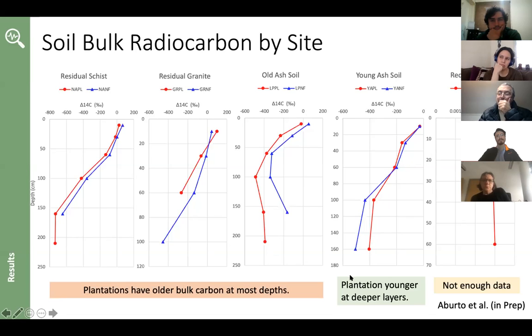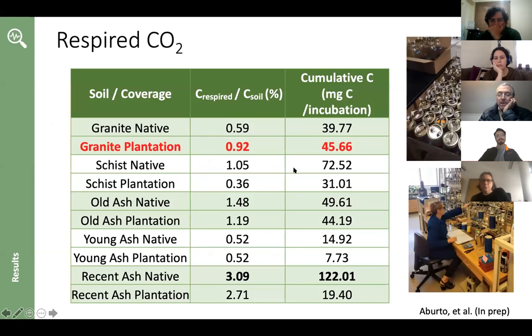In the recent ash soil, we're still having some problems running those samples because they're very low in carbon, so we're waiting on some data. There is not enough data to make any conclusion about that.